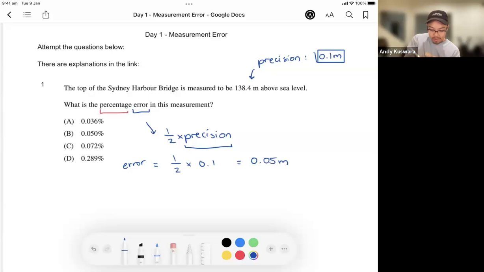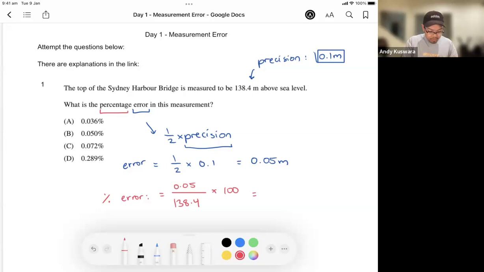Now, how do I find my percentage error? The way you find any percentage is you take the actual thing, in this case the error, and you put it over the total, in this case the actual measurement, 138.4. And the way that I find a percentage is you always times it by 100. I'm going to put it into my calculator: 0.05 over 138.4 times 100.